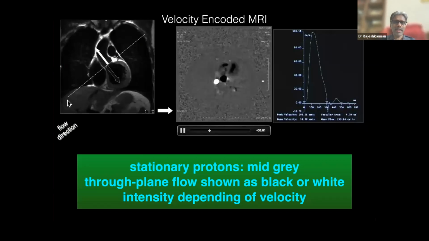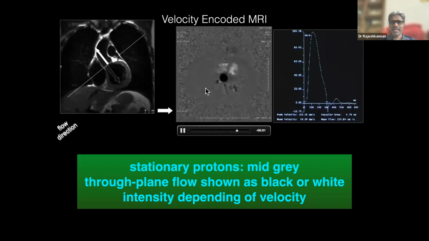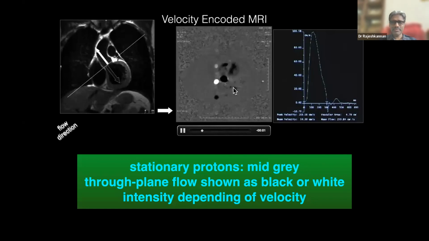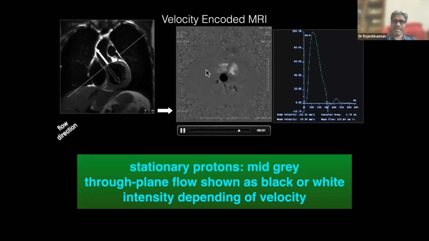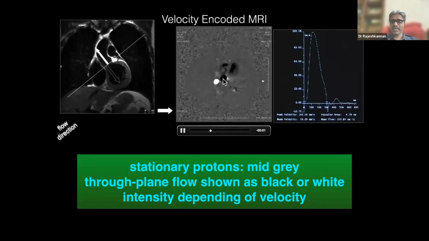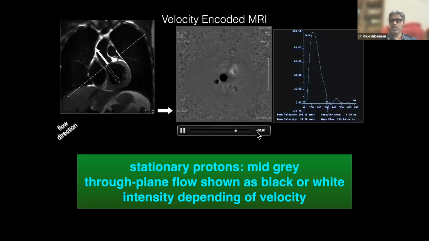So when you are acquiring the image like this, the final phase contrast image will be like this, and here basically the flowing structures like vessels, like the aorta or IVC, will either appear bright or dark depending on the flow direction, and the stationary tissues will appear relatively gray, and the signal intensity of this brightness or darkness will be directly proportional to its velocity.